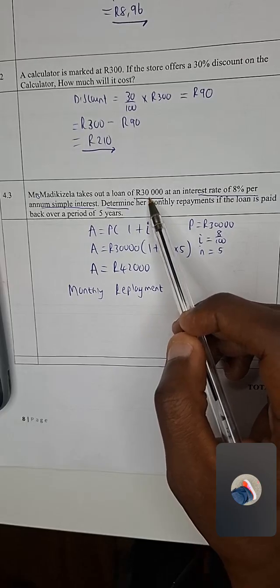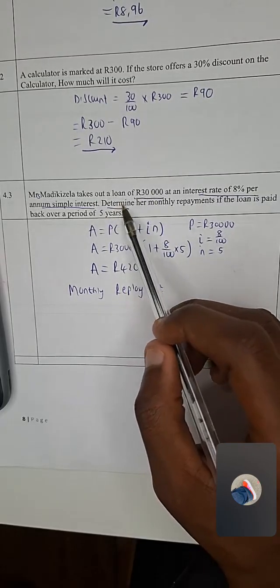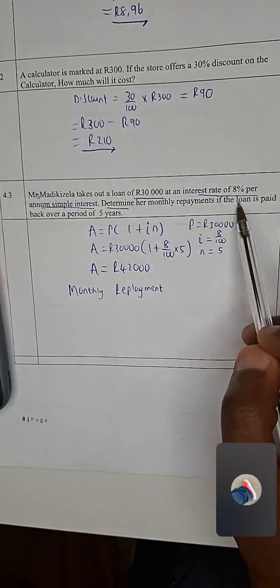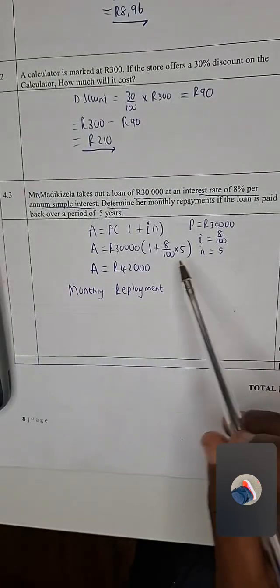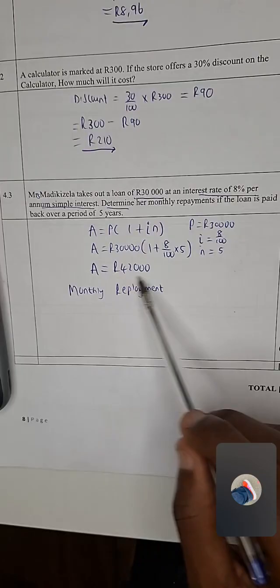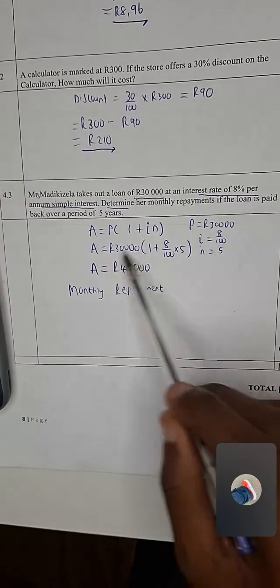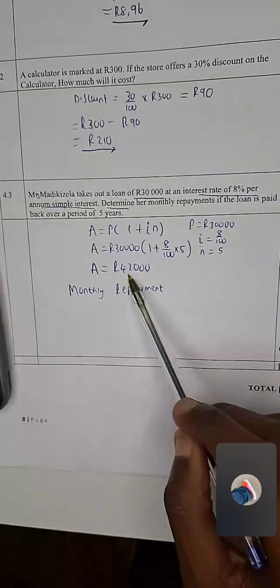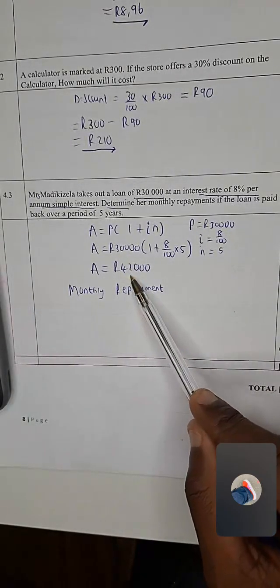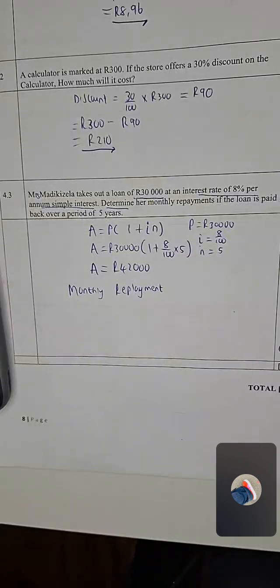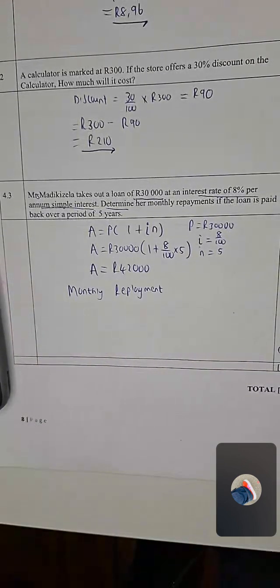So now they are saying determine Ms. Madikizela's monthly repayments if the loan is paid back over a period of 5 years. What you have here is actually the total amount, everything that Ms. Madikizela is going to have to pay back after 5 years of having taken out that loan. Does that make sense? Yes.